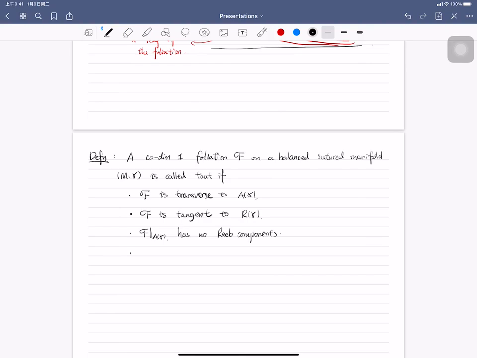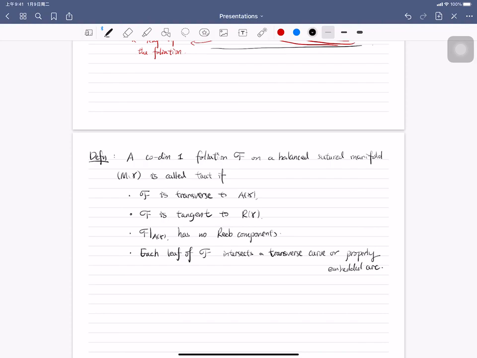And last, each leaf of F intersects a transverse curve or arc, or properly embedded arc. Okay. All right.